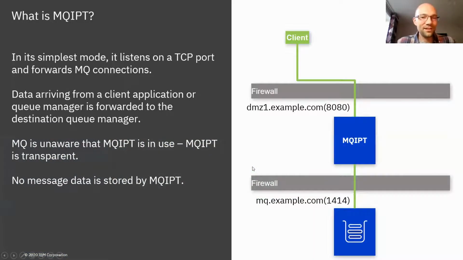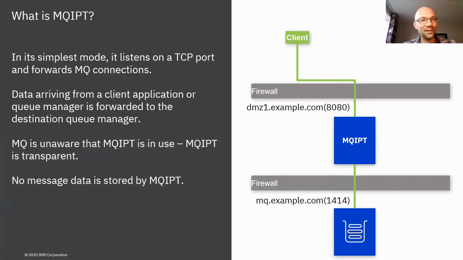So let's look at what MQIPT actually does. It is essentially a proxy that you can use for MQ connections. And it knows a little bit about the MQ protocol that's used between queue managers and between clients and queue managers. So it's adding a little bit on top of what you would get using any sort of generic proxy that's out there.